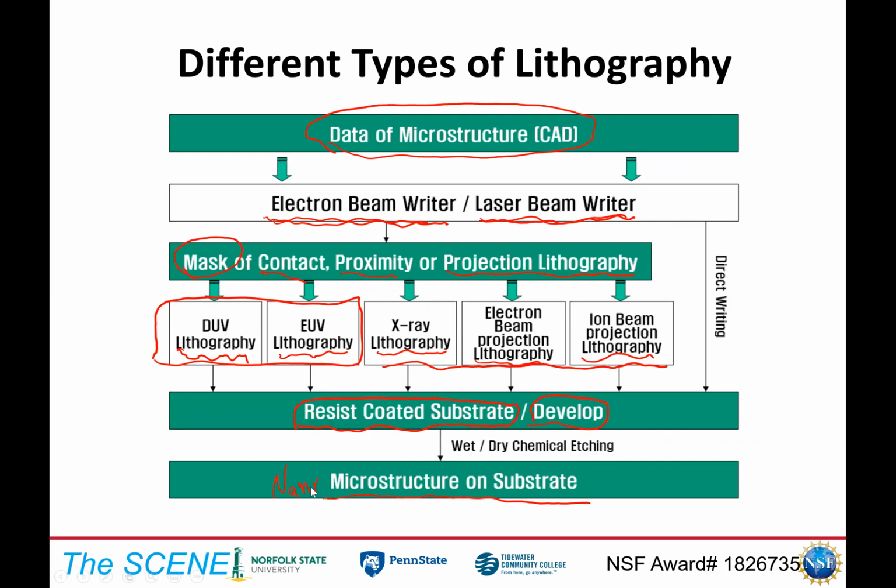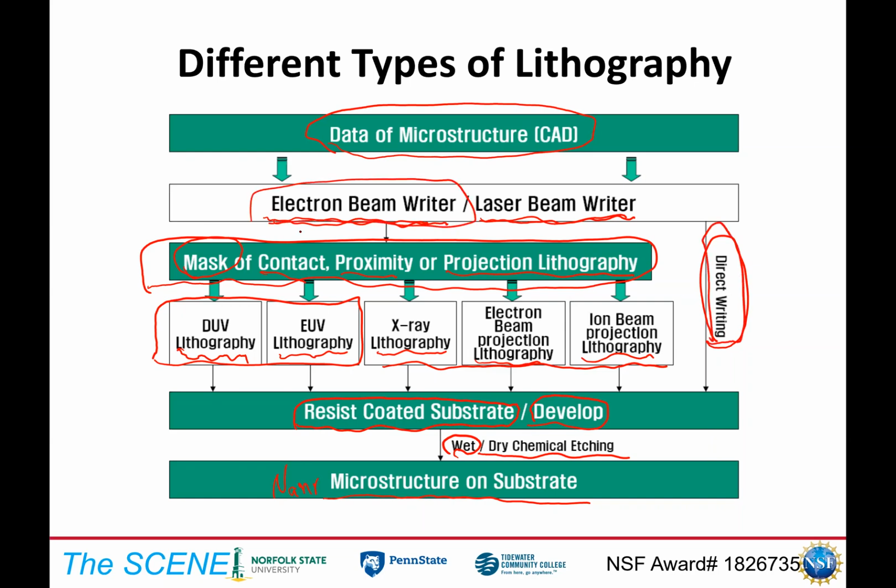By doing this lithography, you can incorporate the wet or dry etching process. So this diagram shows the overall idea about the lithography, and here I didn't explain the direct writing. The major industrial use is projection lithography, but research-wise, we can directly write the pattern on the substrate using an e-beam or laser beam writer. I will explain this later too.